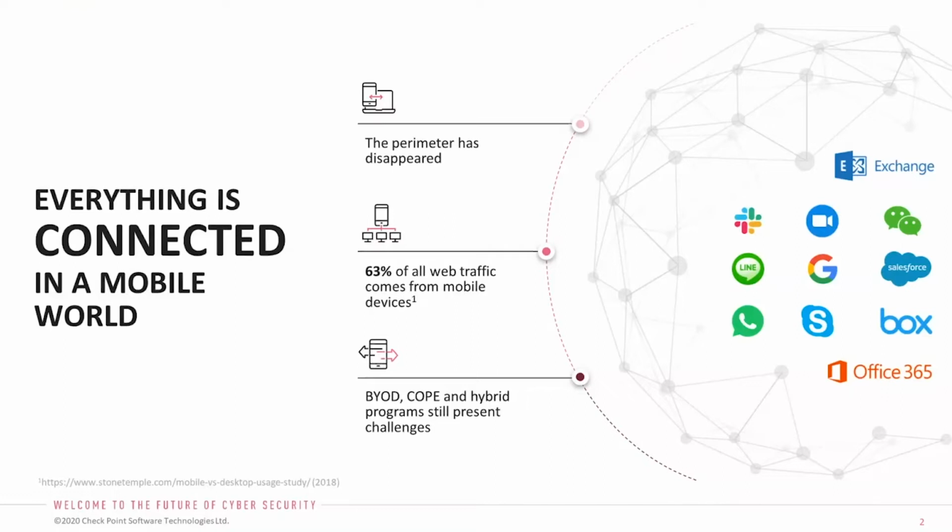A lot of it is going to come from your mobile. And as we can see, 63% of all web traffic on the internet comes from mobile devices. With that, companies are looking at bring your own device, choose your own device, or a hybrid program of both, and it presents a lot of challenges around the mobile sphere.